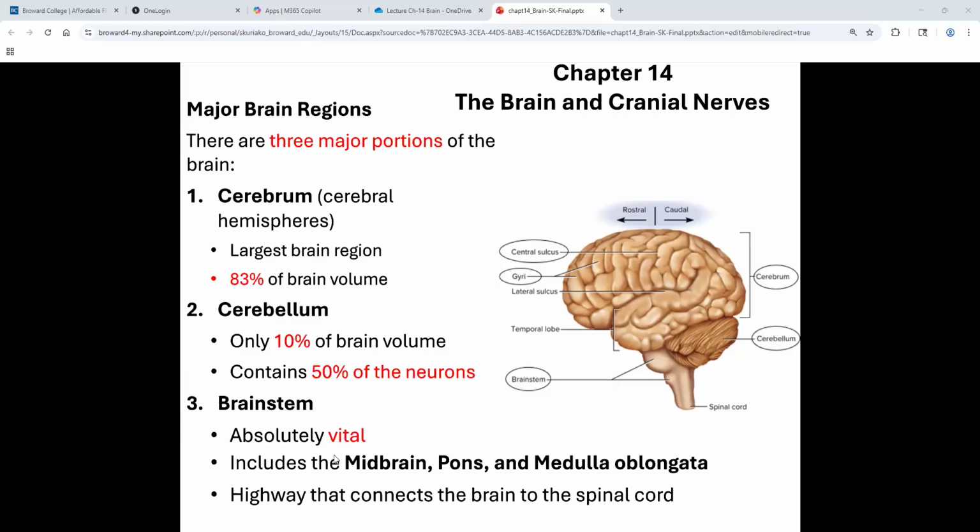So the brainstem is very, very important. And brainstem has three regions. We'll come to that in a second. But basically, the brainstem is like a highway. It's connecting the brain, the cerebrum, cerebellum to the spinal cord. Okay, so the brain is continuing here as a spinal cord. All right, so let's move.